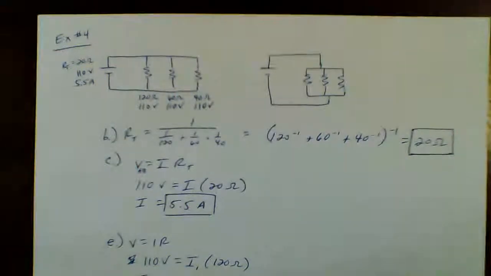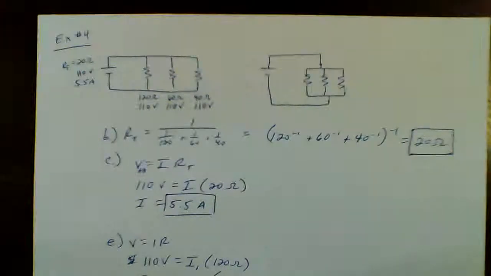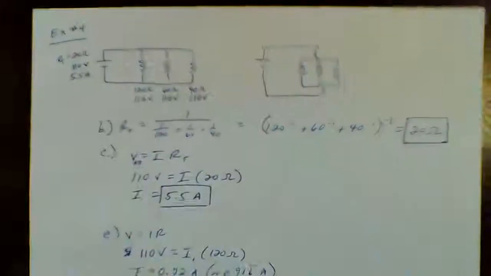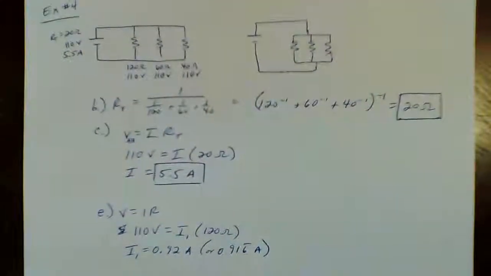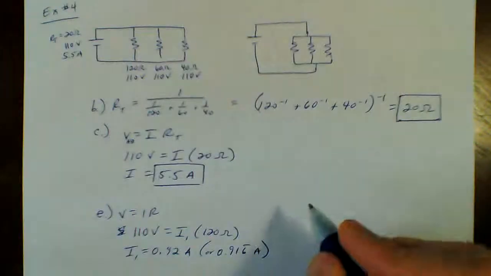So I1 is equal to 0.92 amps, right? I could say 0.916 amps if I really wanted to. But it doesn't really matter to me too much which one. I would accept either one.